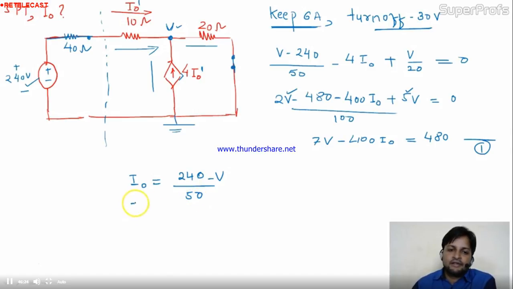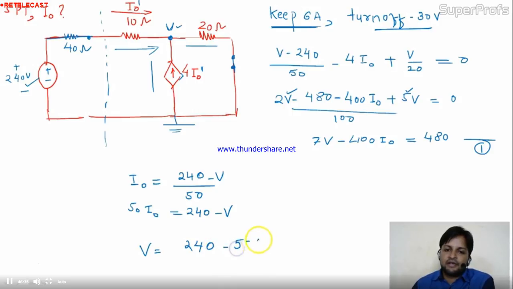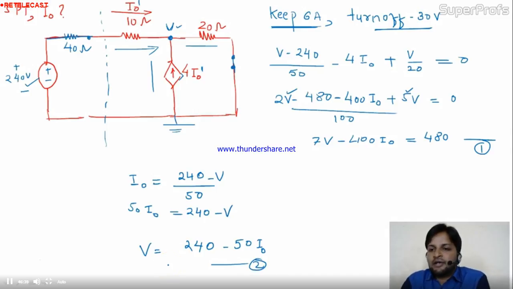So 50 I naught equals 240 minus V. We will take this side, so your equation is 50 I naught. This is equation 2. Now you have two equations and two unknowns.